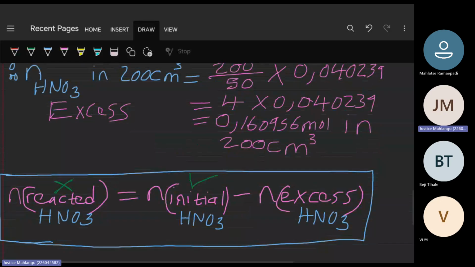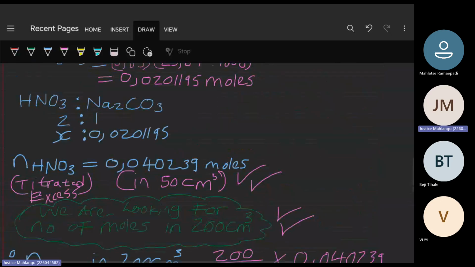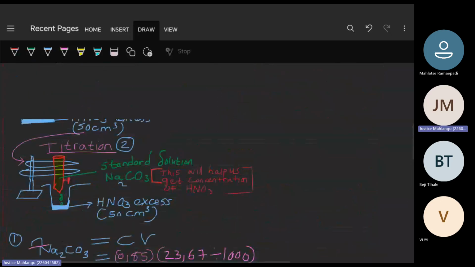Let's go back to the question. It says determine in question 5.5.1, this is where we're going to get our initial number of moles: the number of moles of nitric acid initially in the 200 cubic centimeters in the first beaker.